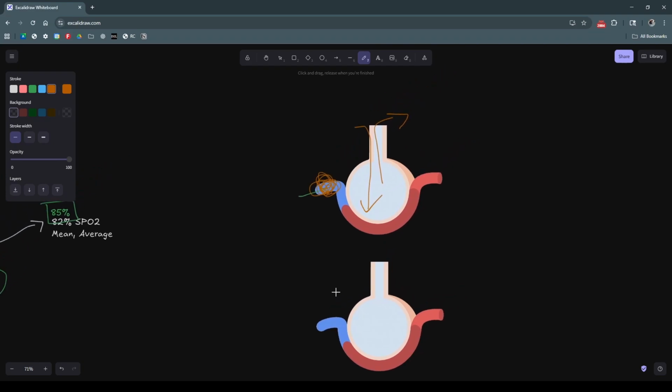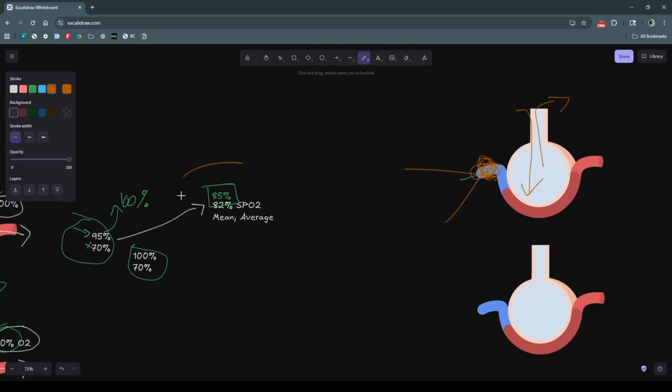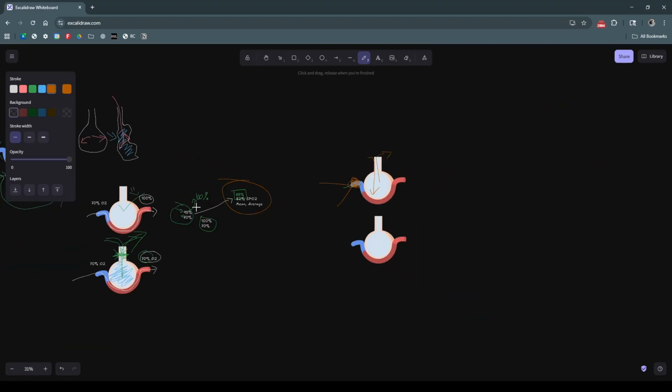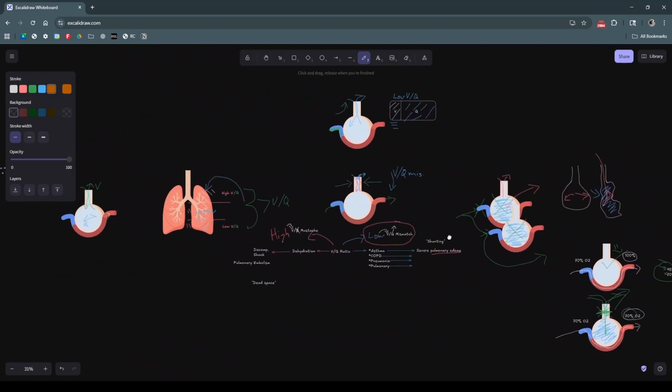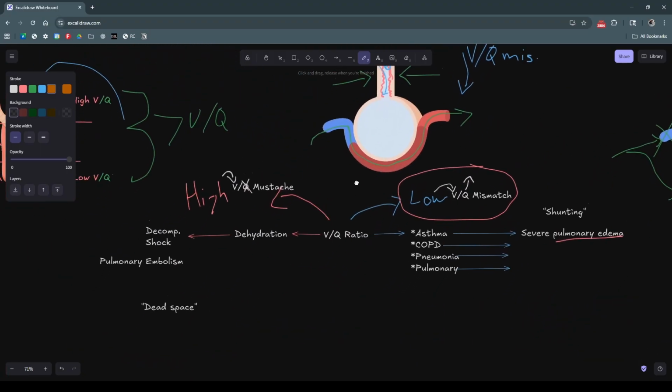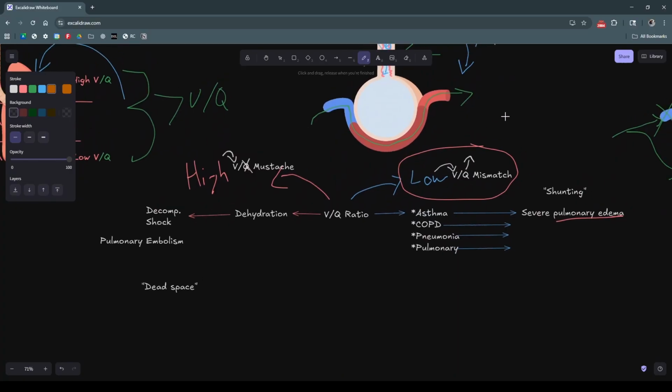We have oxygen flowing through in the places that are working, but not in the places that aren't. And so this whole discussion about VQ mismatch and perfusion ratios is primarily just to get you to consider that we're using band-aid effects and supportive care and stabilization, and that we need to move on to more advanced treatments to affect these things.